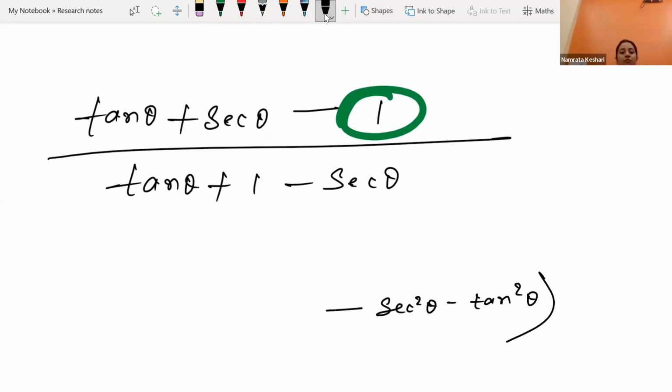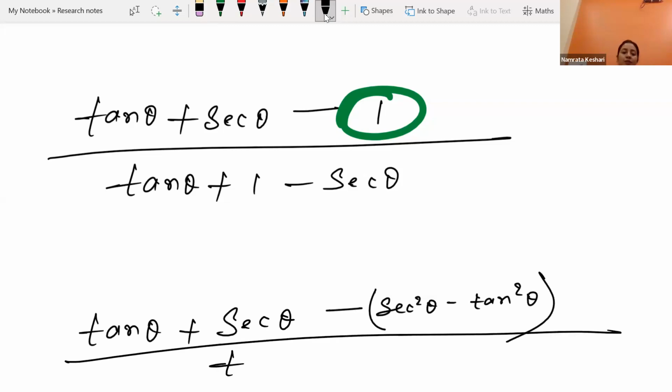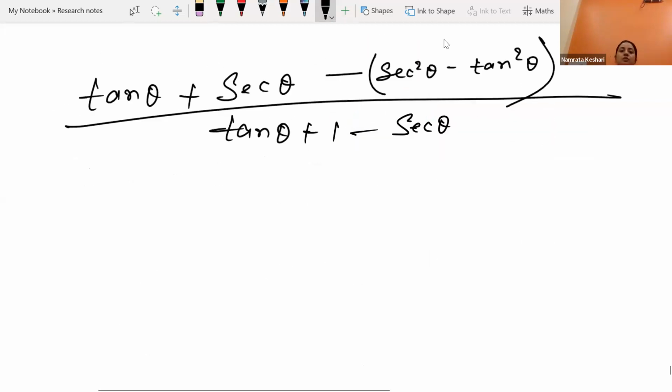Here, tan theta plus sec theta we copy as it is, over tan theta plus 1 minus sec theta.